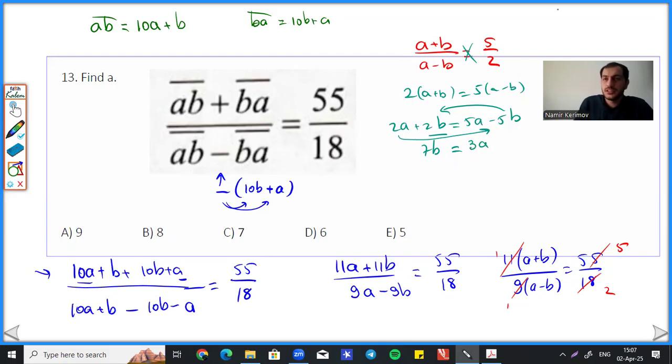Then we know that A and B are 1-digit numbers. I mean, in that question, maybe from 1 to 9. They cannot be 10, 11. It's just 1 digit. That's why we say B should be 3 and A should be 7. So the value of A is 7. C is the answer.